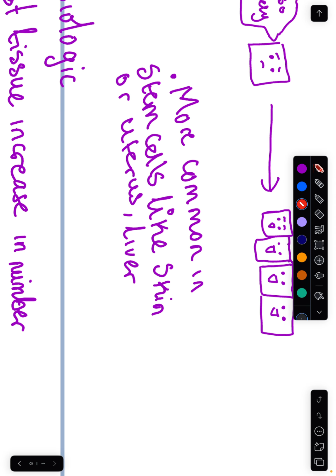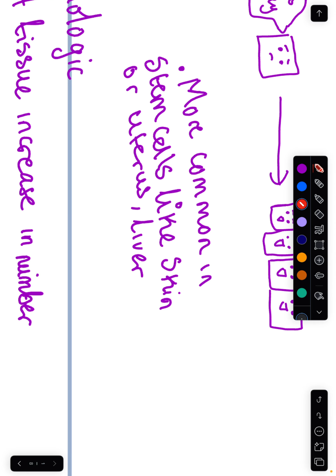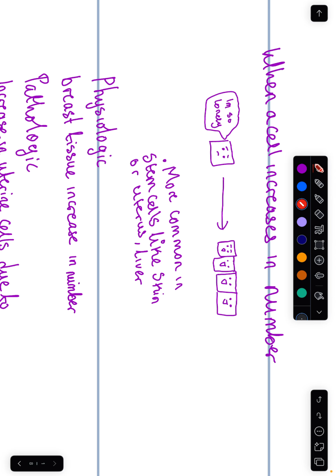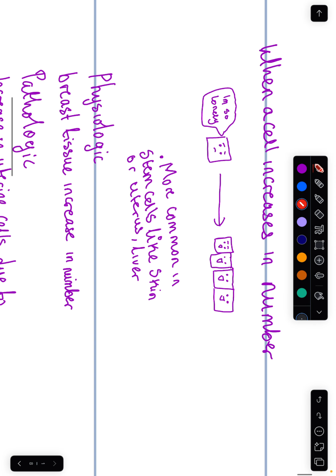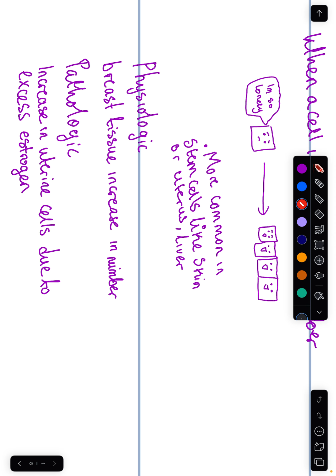So if somebody gains a lot of weight in a short amount of time, their skin cells are going to be rapidly dividing to accommodate all this extra weight. A physiologic example of hyperplasia is your breast tissue increasing during pregnancy, right? So you start having more breast tissue cells so you can produce milk for your upcoming baby.